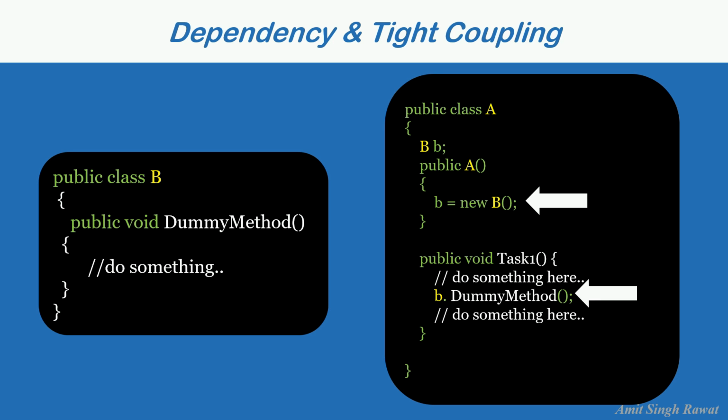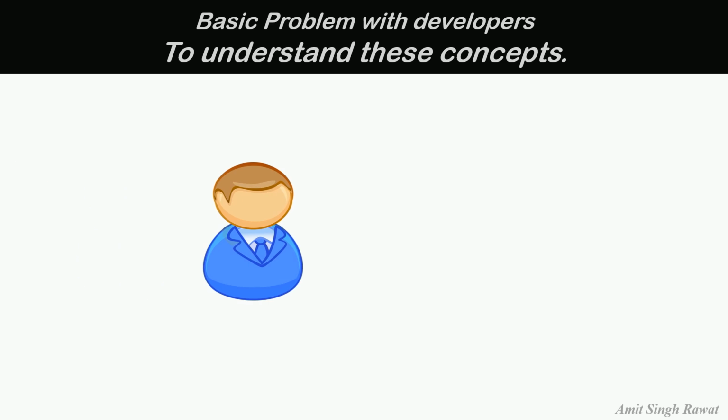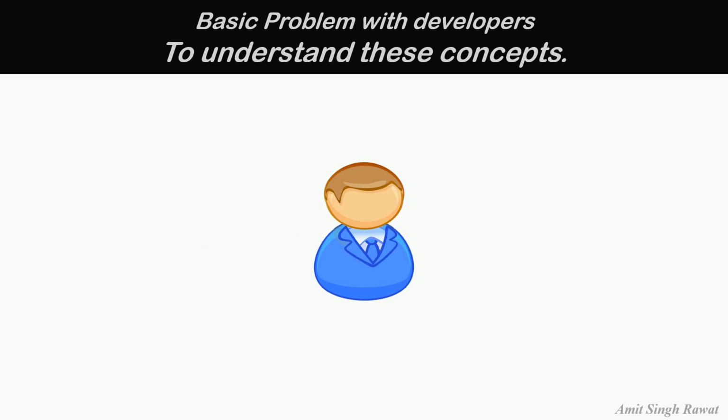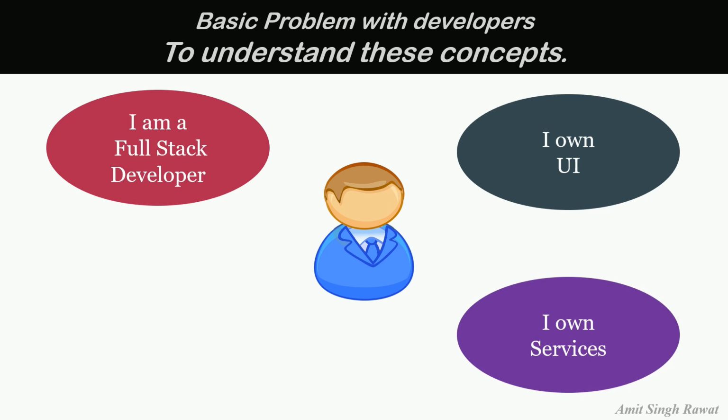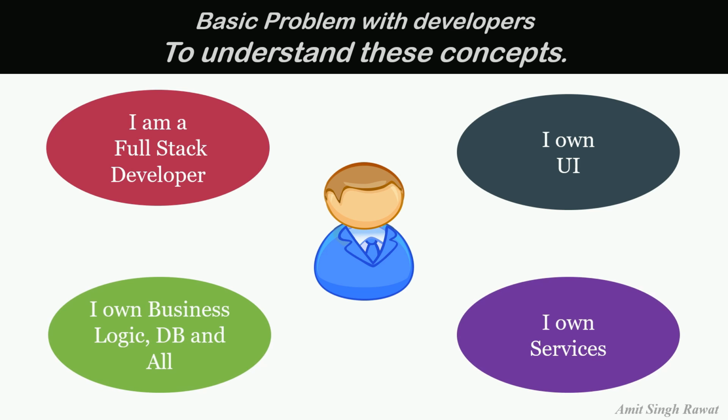But the basic problem for developers in understanding these concepts is that when we start our career, we generally have full control over the complete application. So we act as a full stack developer, right? We own UI, we own services, we own business logic, database and all. Just in case you are in a similar kind of project, or your team is, where you own everything, we just wanted to make an assumption before going forward.